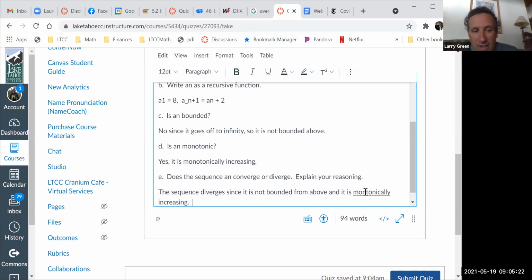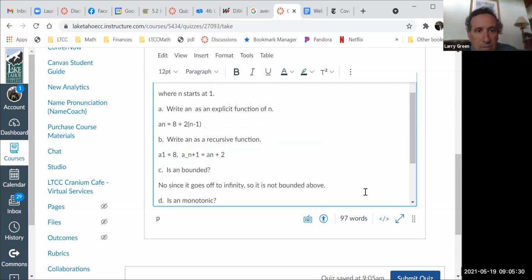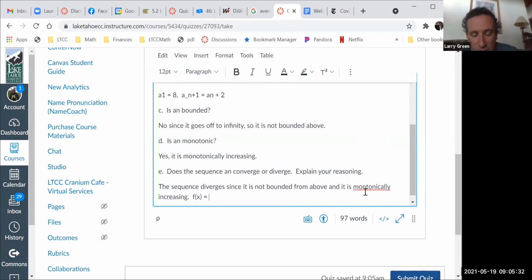The other reason, here's another reason, and that is you can look at f(x) = 8 + 2(x - 1), which goes to infinity as x goes to infinity. Okay, so what does that tell you?